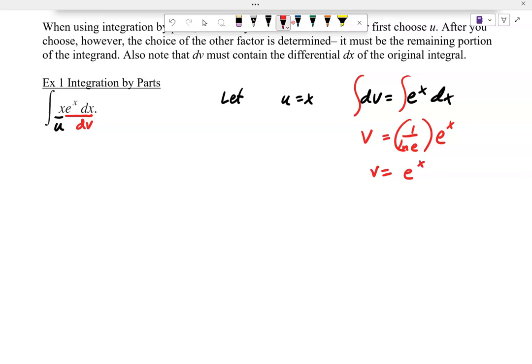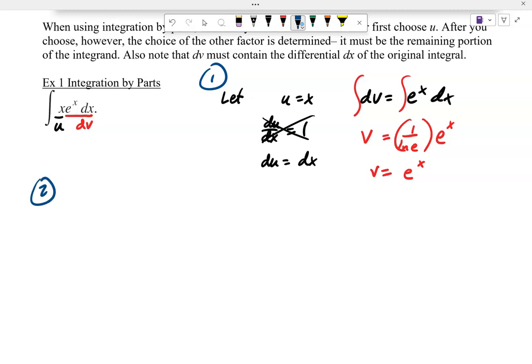Okay? Now let's go over here to the u. If u equals x, then du/dx equals 1. But let's take the dx to the other side. So du equals 1 dx. And now let's do the integration by parts. So here's number 1: we're going to go to the side and identify u and dv.